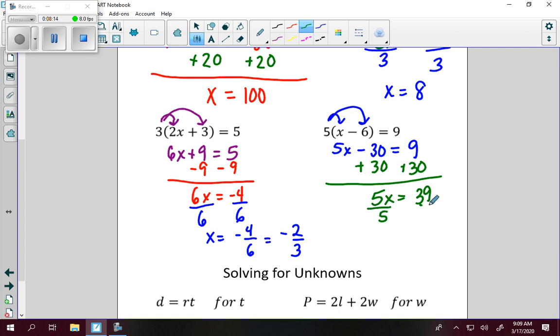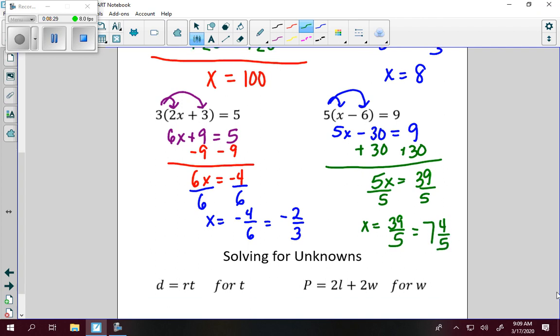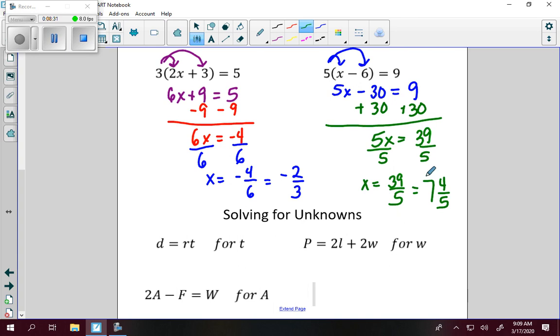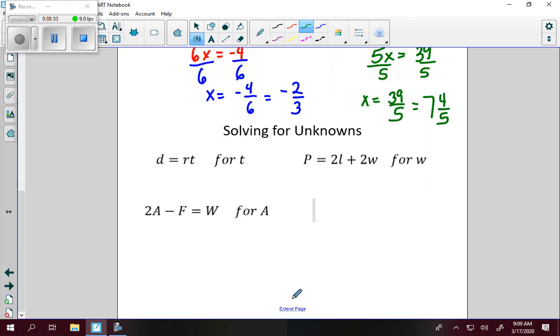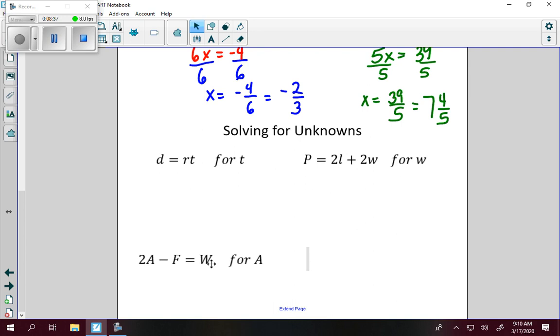And when I divide by 5, I get x equals 39 over 5. You can also make that an improper fraction. 5 goes into 39 7 times with a remainder of 4. So it can also be 7 4/5. I know I'm going over this pretty quickly, but we also did this in Unit 1, so I just want to do a reminder of algebra.